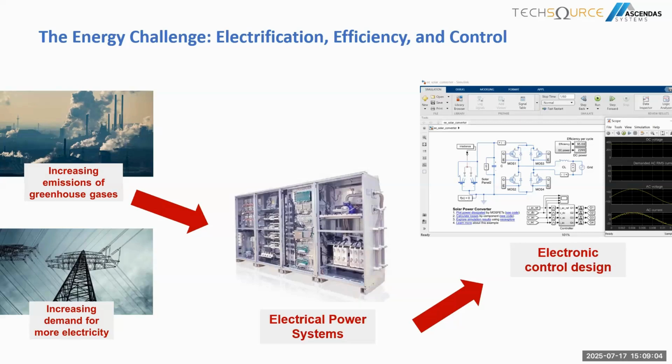Electrical systems must handle all these evolving demands, from generation to conversion and even storage, and to make these systems smarter and more efficient, they rely heavily on advanced electronic control designs.